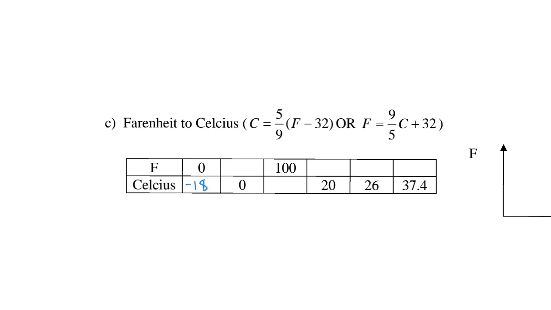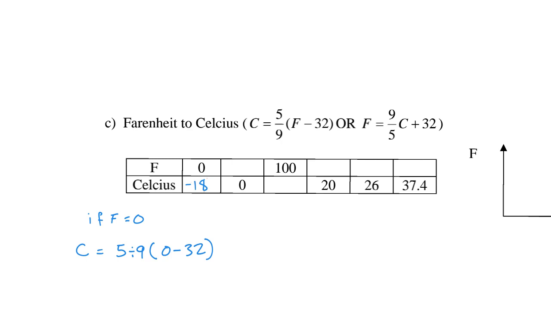In order to get the Celsius, if F equals 0, you're going to type in C. Your C value is just going to be 5 divided by 9, and then bracket on your calculator, 0 minus 32, end bracket. And then hit equals, and you'll get minus 18.